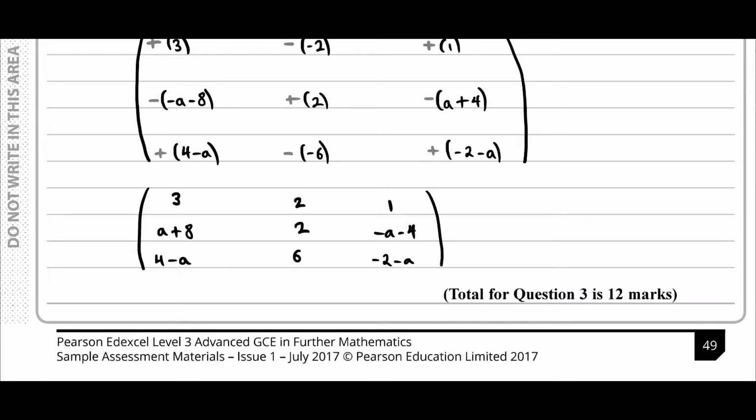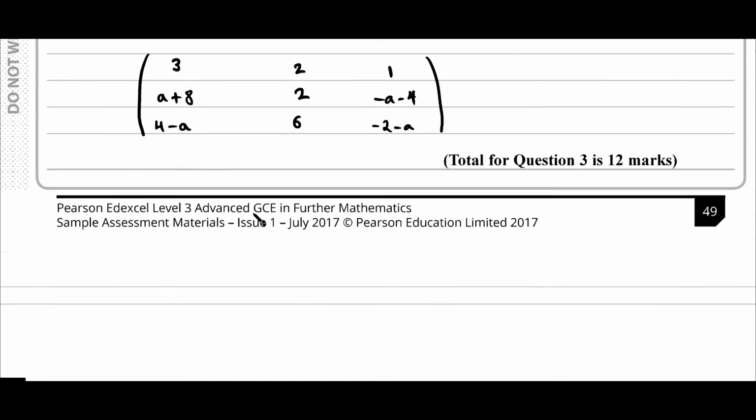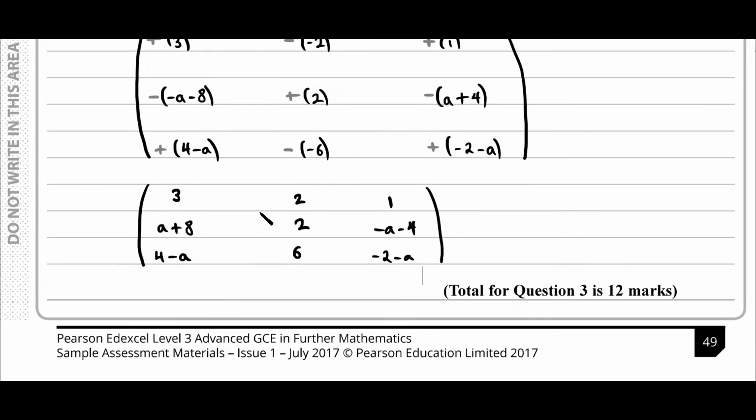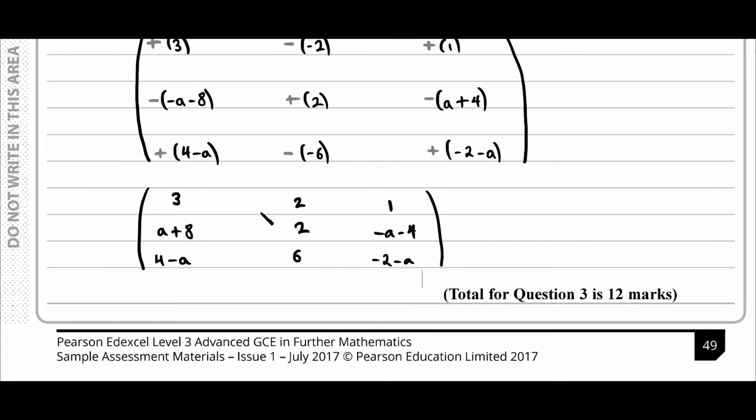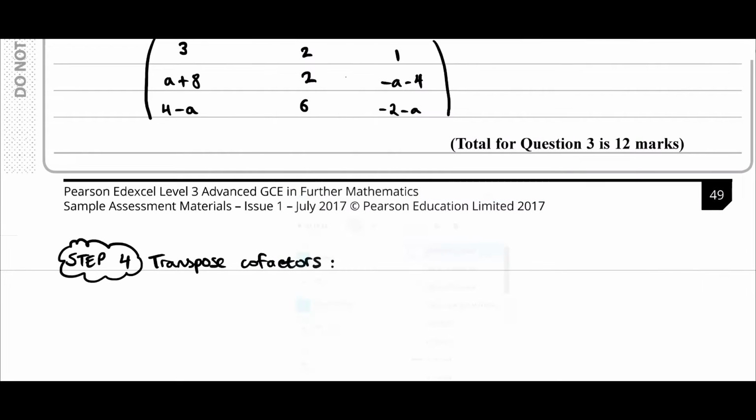So this is our matrix of the cofactors, and our next step would be to transpose the cofactors. What we mean by that is we swap the rows and the columns.